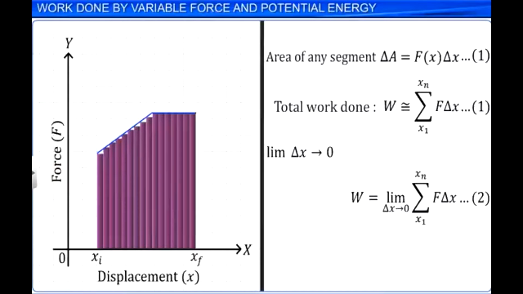Let this be equation 2. Hence, the work done for a varying force can be expressed in integral form as W equals integral F dx in the limits x1 to xn. Let this be equation 3.